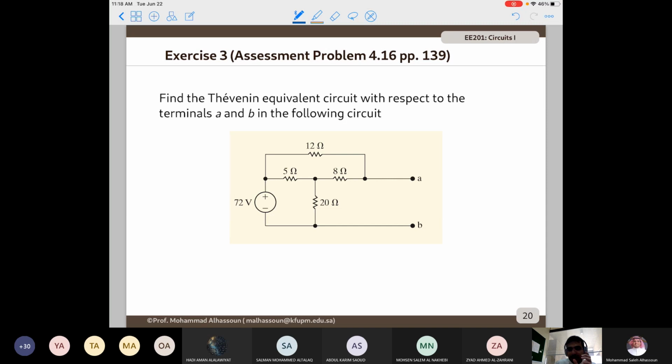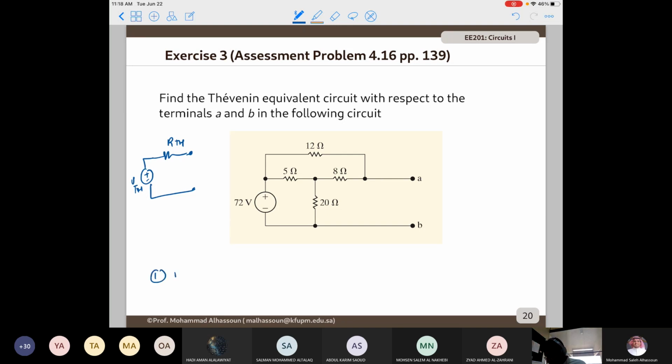So let's find the Thevenin equivalent circuit with respect to the terminals A and B. Basically what I need to do is find the values of this circuit. What is V Thevenin? What is R Thevenin?